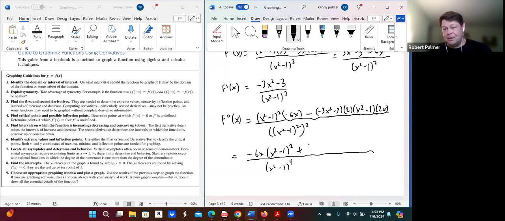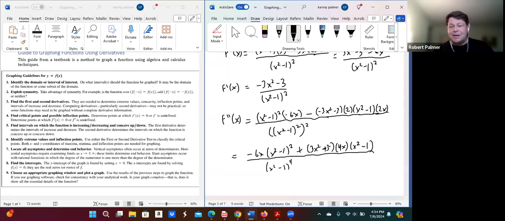And then that would be 3x squared minus 3 times, I'm going to combine these. The 2 times 2x is 4x. And then times x squared minus 1. Oh wait, this should be x squared plus 1. My mistake. X squared plus 1 right there. Be careful with your signs.